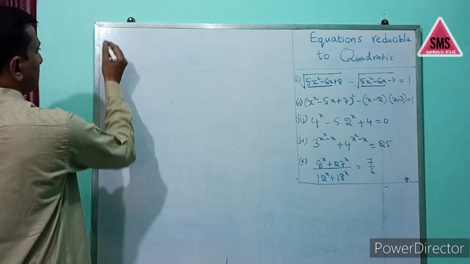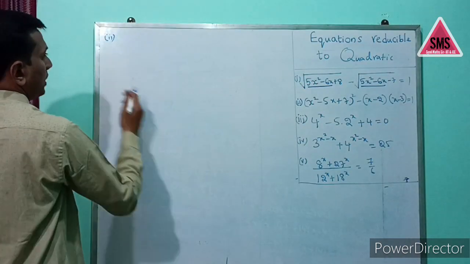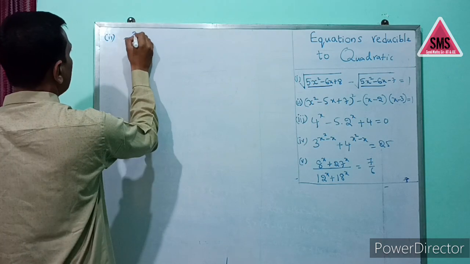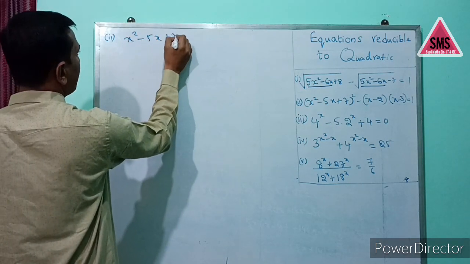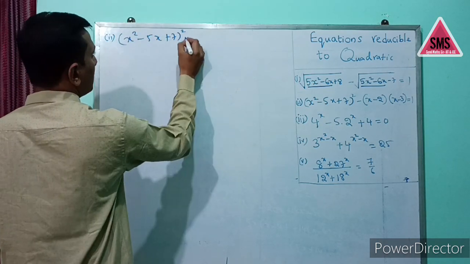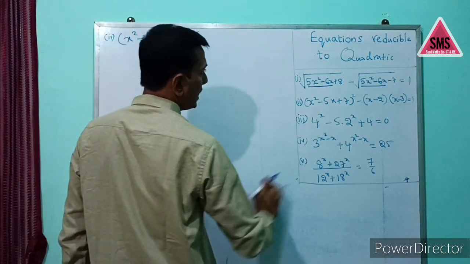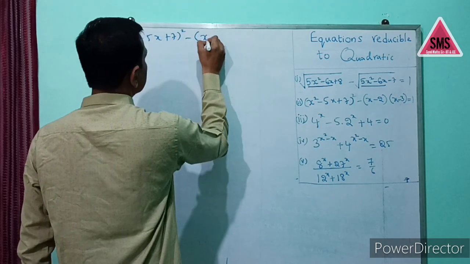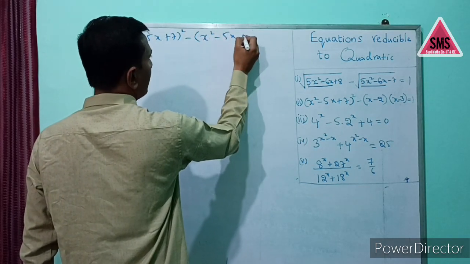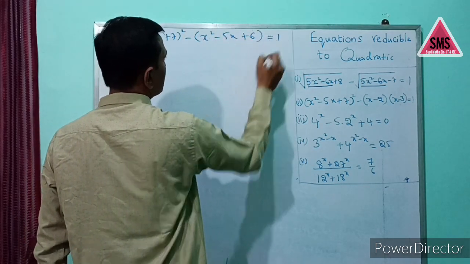So what you will get? x square minus 5x plus 7 whole square as it is, minus, if you multiply these two, you will get x square minus 5x plus 6 equals 1.